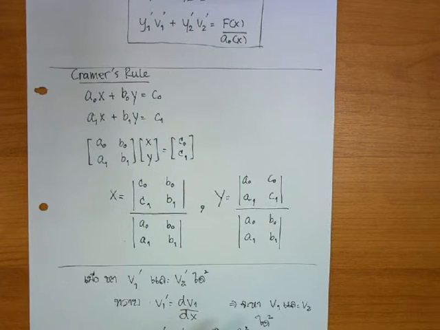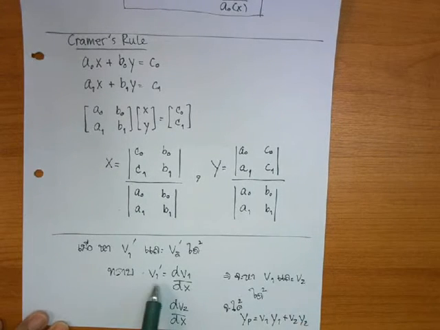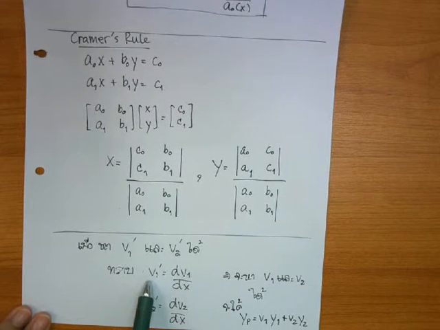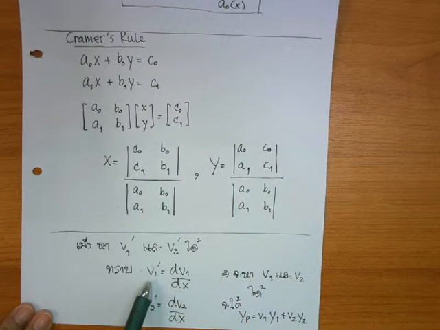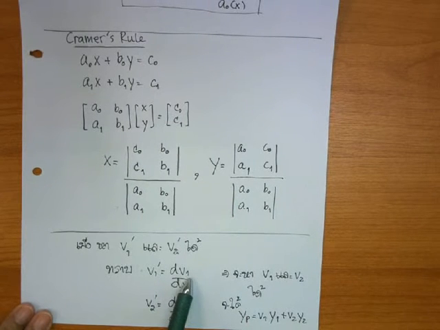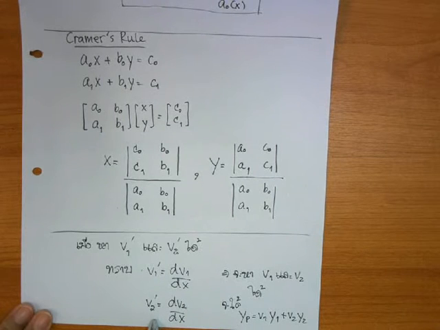Now, if you want to find v1, can you do that? Yes, because the definition of the first derivative of v1 is dv1 by dx. Because you know this function, you can find v1 by integration. v2 is exactly the same as v1.